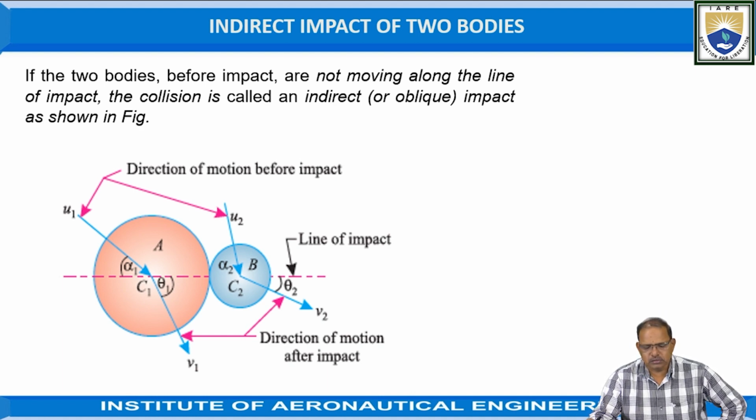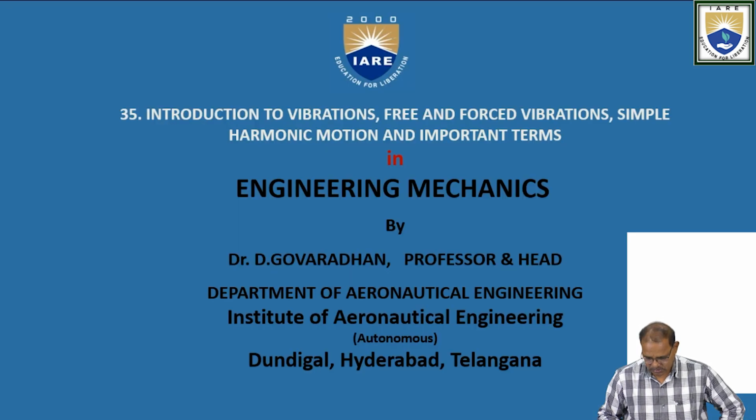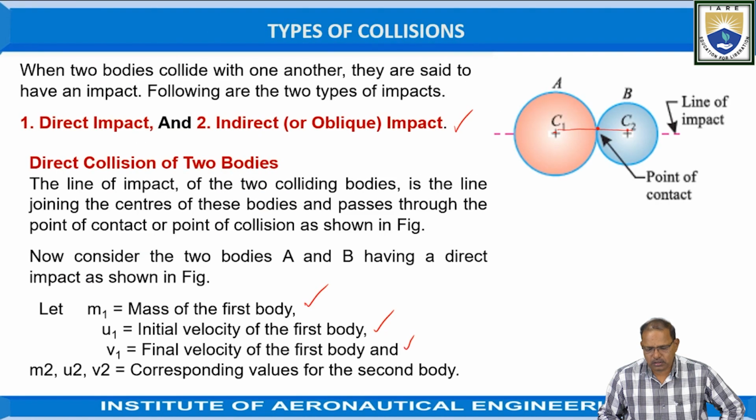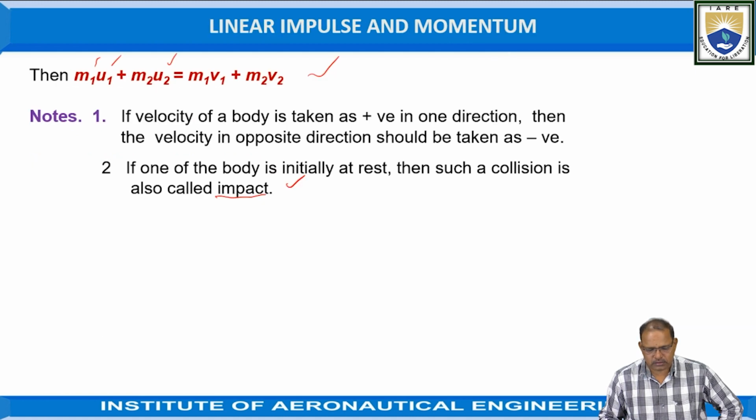Indirect collision of two bodies, also called indirect impact. In direct impact, the line joining the centers and the point of contact, that is the point of impact, lie on the same line.